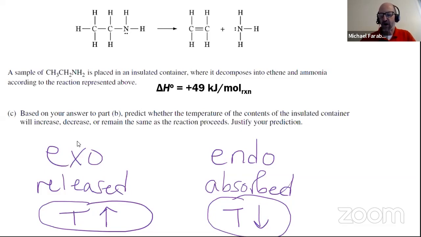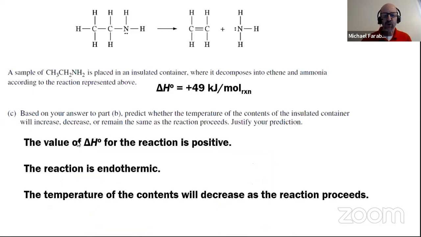So what we're focusing on here is the difference between the system and the surroundings. Okay, this is an endothermic reaction because delta H is positive. The temperature of the contents, which again is part of the surroundings, the thermometer is part of the surroundings, will decrease as the reaction proceeds.